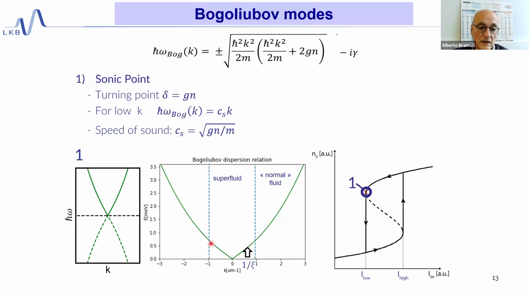So we can see here that we have a linearization of the Bogoliubov dispersion in the low wave vector regime, clearly in this graphic. The linearization of the Bogoliubov dispersion is the signature that we have collective excitation in the fluid.